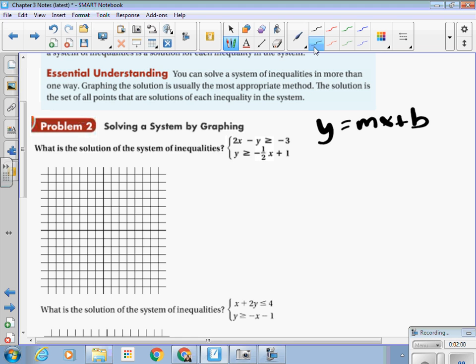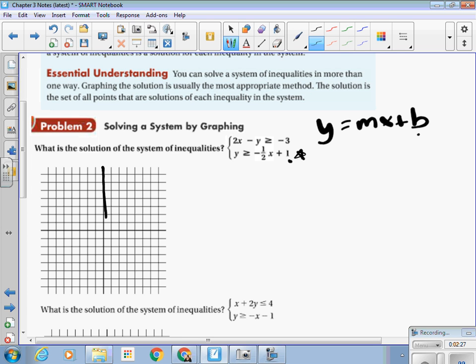All right, so if I have a nice little graph here, if you don't have graph paper, you can go ahead and get a piece, because we are going to be solving the system by graphing. Let's go ahead and graph y greater than or equal to negative 1/2 x plus 1. Comparing it to my slope-intercept equation, my intercept is at positive 1.